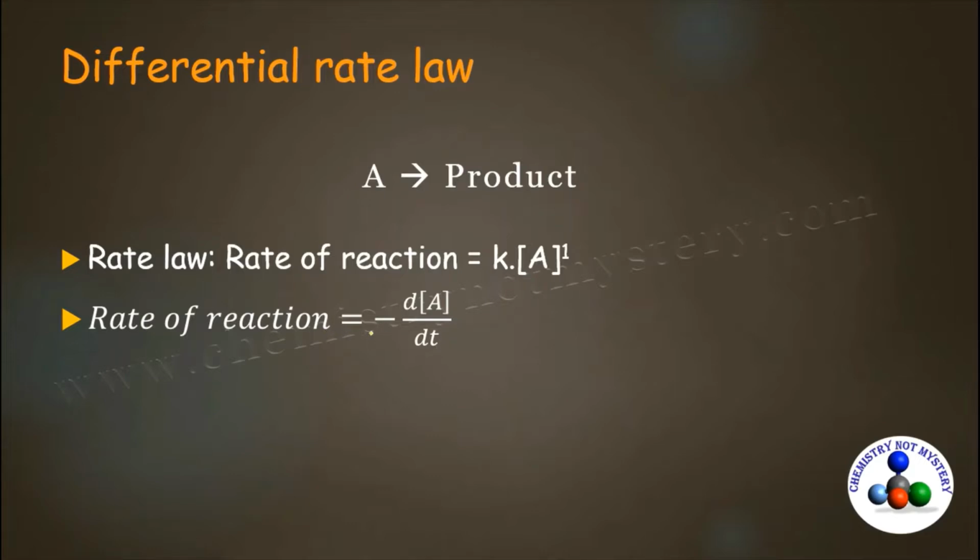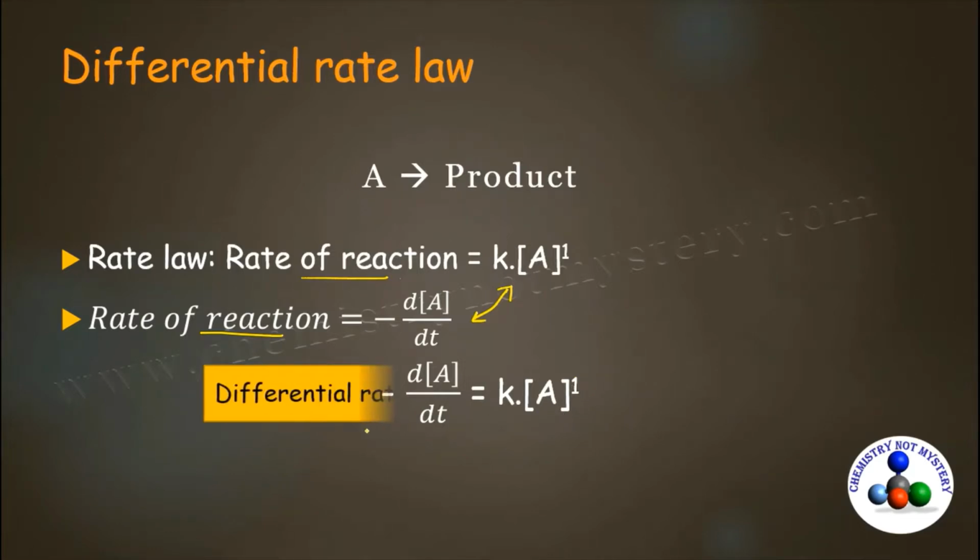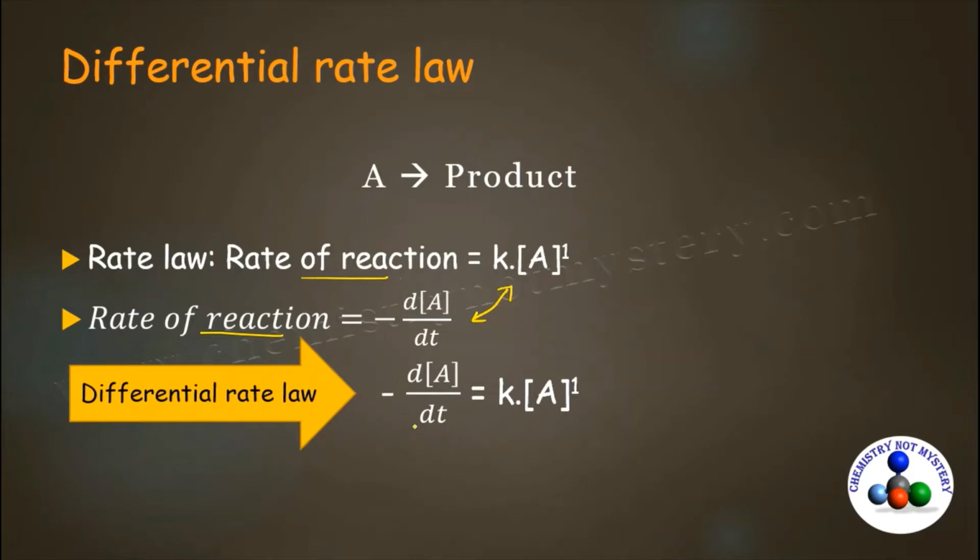So the formula you will get: rate of reaction is equal to minus dA over dt. Because both are the rate of reaction, we can equate both the terms. So you will get minus dA over dt is equal to k multiplied by the reactant concentration raised to the power 1. So this formula is known as differential rate law. When we integrate this differential rate law, we will get integrated rate law.